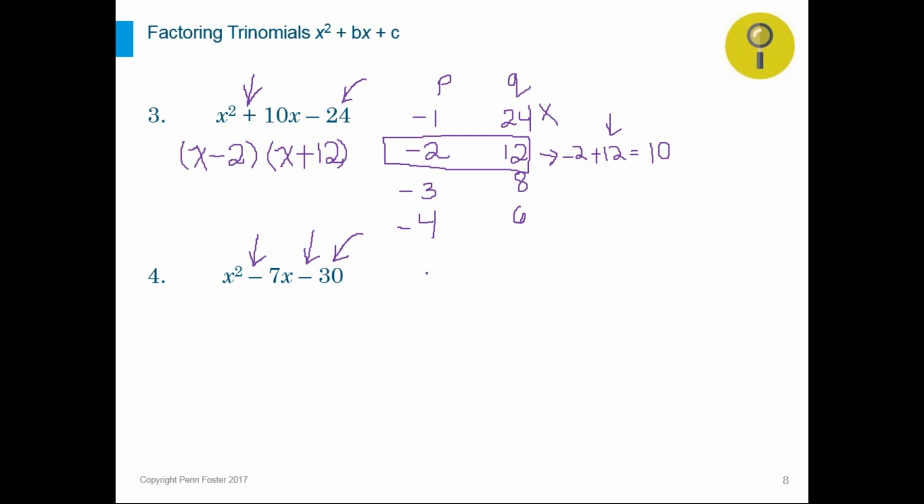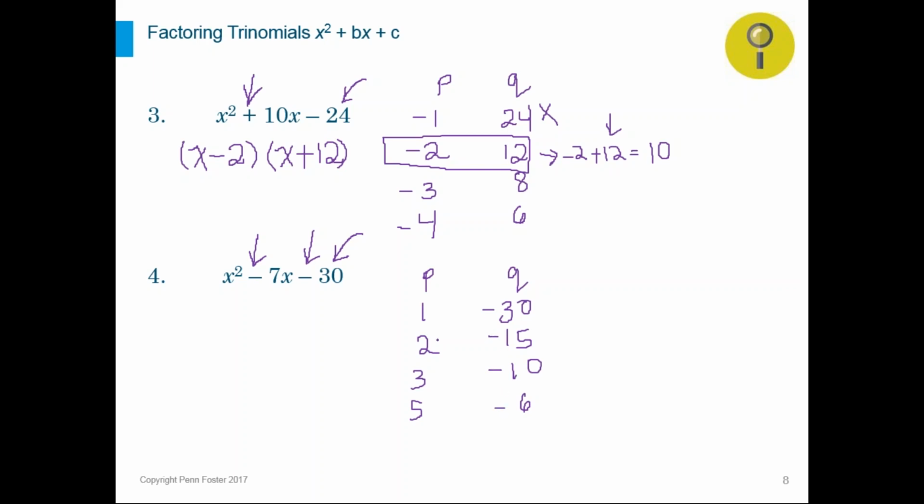Let's do that. P's and Q's. So 1 and 30 is a possible set of factors. 2 and 15. I have 3 and 10. We have also 5 and 6. Okay, now one is positive, one is negative. When we add, it's a negative answer, then the bigger number should be negative.